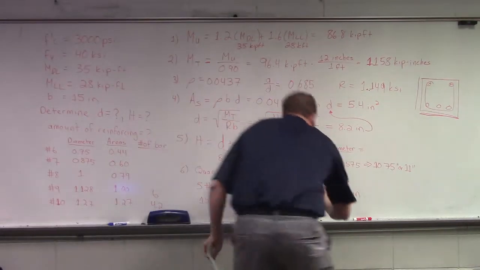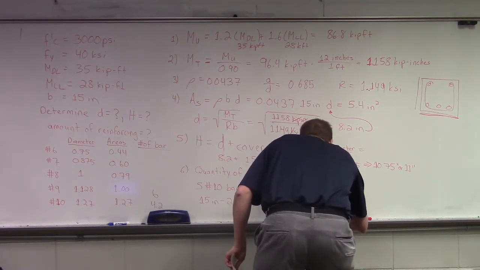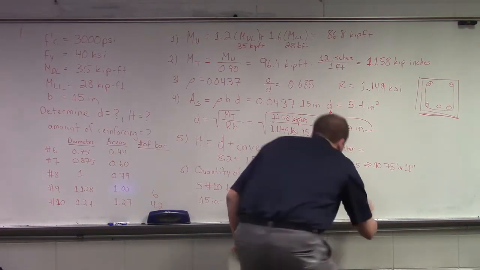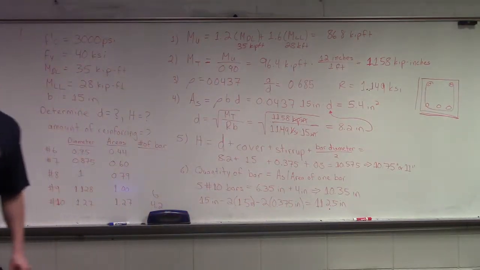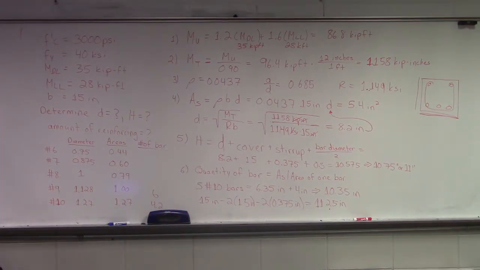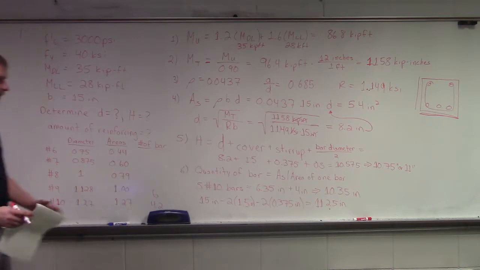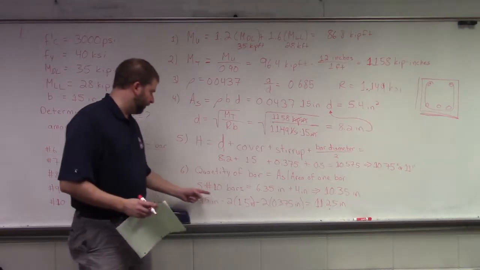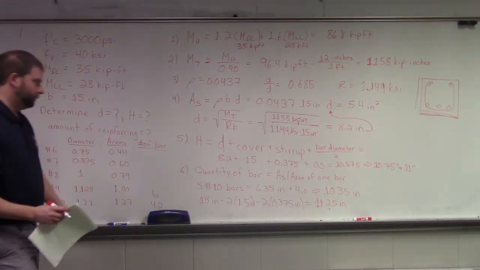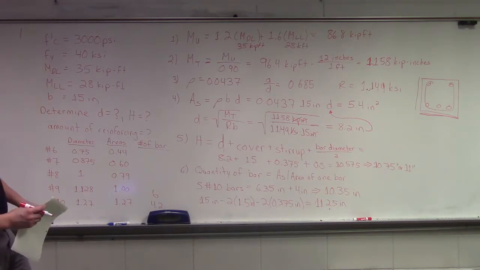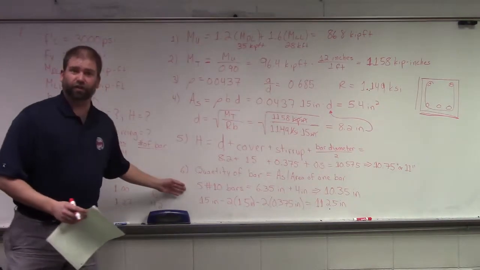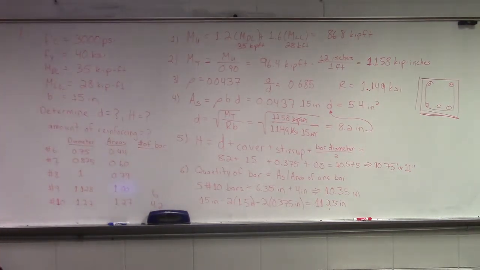So our allowable width ends up being 11.25 inches. So we'll actually have space to go a little bit more than 1-inch spacing. I didn't write 1-inch spacing up there, but we can use a little bit more than that, okay?